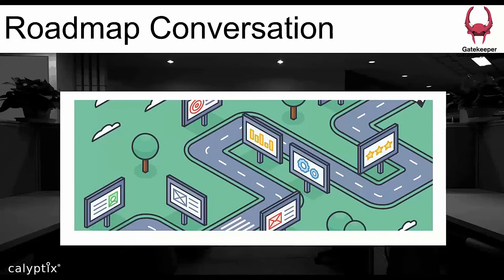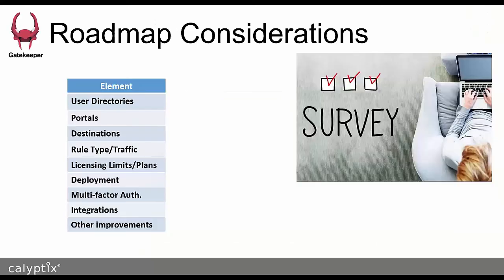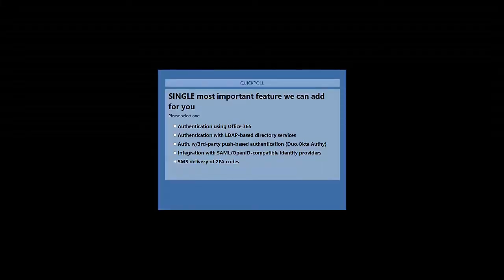So I think this is a good time to segue to that, and we could talk a little bit about roadmap. In doing so, we've got a couple of polls that, before I obtain anybody, I'd like to ask these two questions. So the first is, is there any single feature that would be most important for you out of this list?